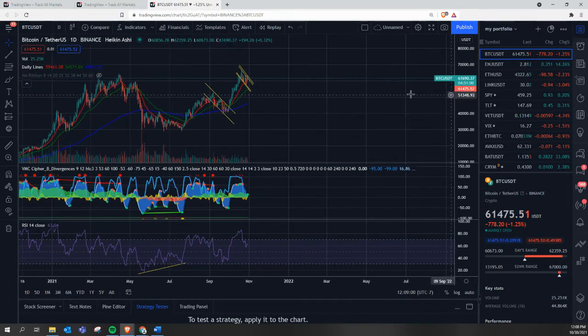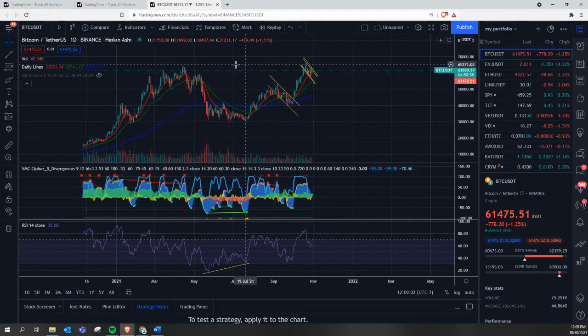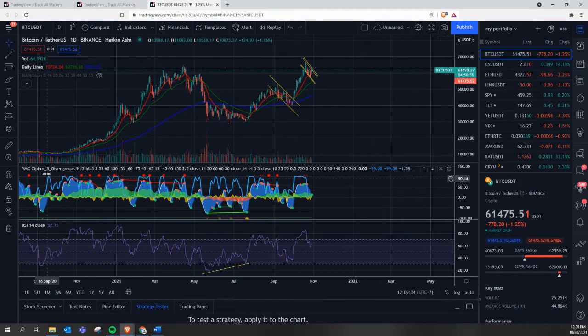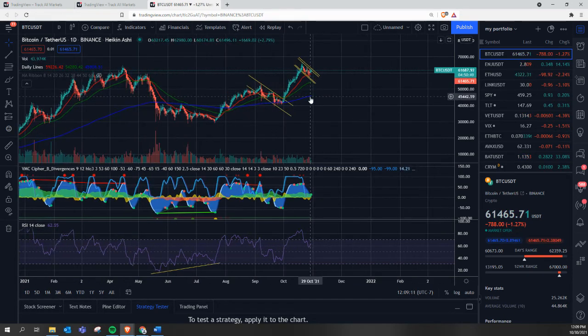So this is your first tutorial lesson, guys. Here's all of our indicators again: Market Cipher, RSI, our daily moving averages. The daily moving average just means that this blue line is the average of the price for 200 days, the average of the price for 50 days here in the green, and the average of the price for 20 days in the red.